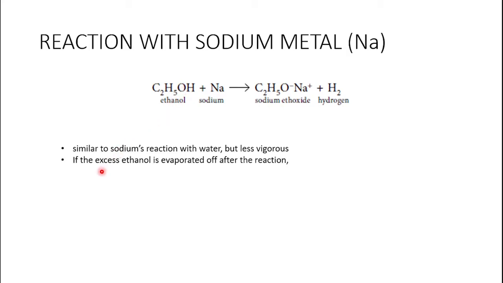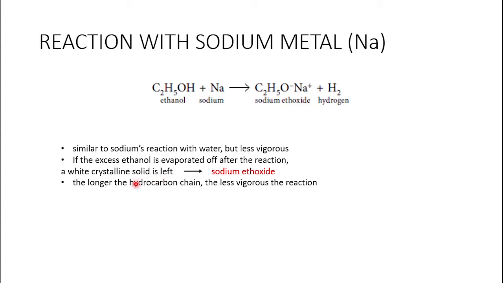Now, when the ethanol is evaporated off after this reaction, a white crystalline solid is left. It looks like a salt, like a usual salt. And the longer the hydrocarbon chain, the less vigorous the reaction.